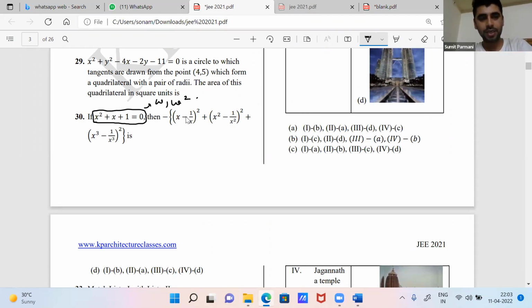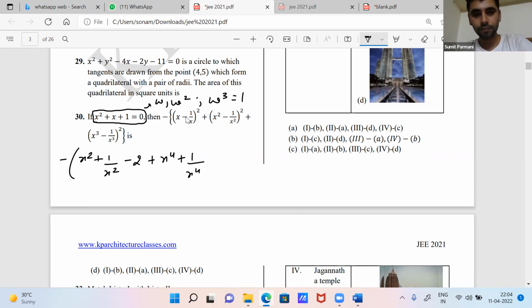Solve this equation, then the expression is x square plus 1 by x square minus 2, plus x raised to the power 4 plus 1 by x raised to the power 4 minus 2, plus x raised to the power 6 plus 1 by x raised to the power 6 minus 2. Here omega cube is equal to 1.